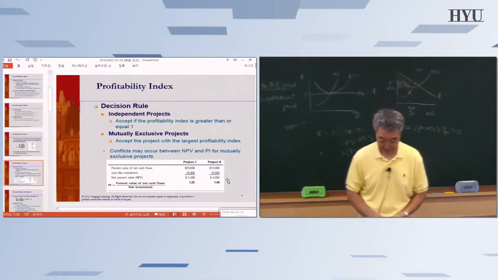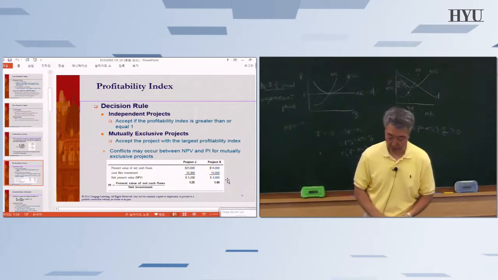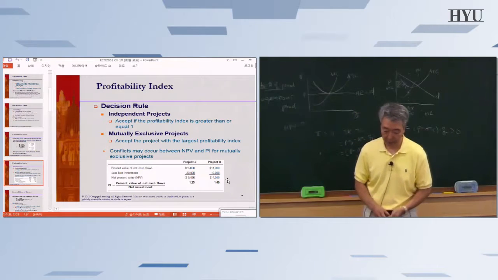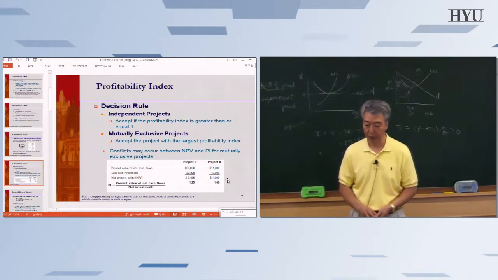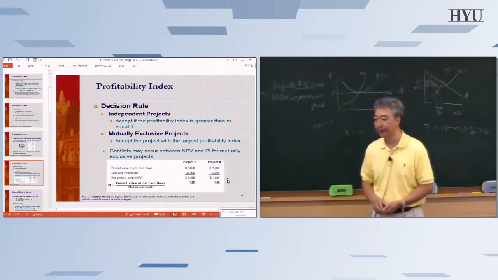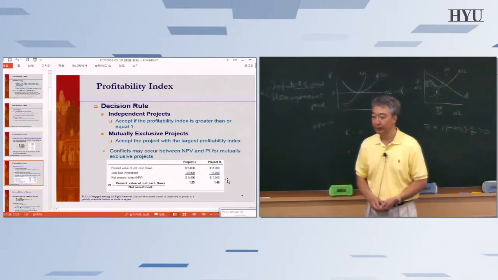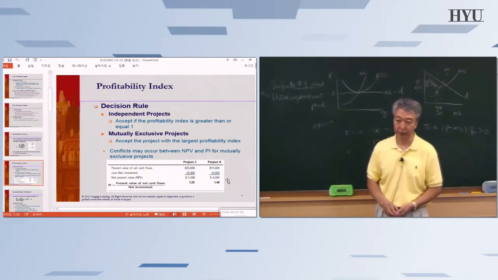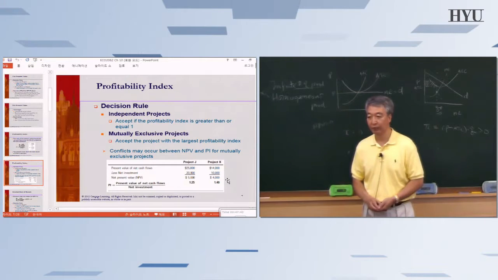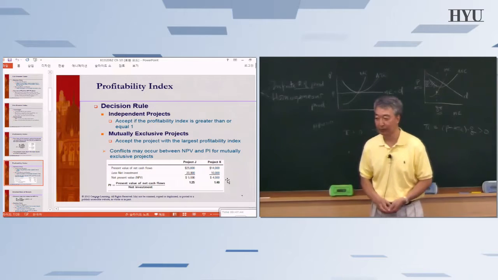Okay, yeah. So ultimately, that's why we say the net present value is the best criterion. Ultimately, our goal is maximizing shareholder wealth. And one of the most important tasks of the financial manager is to come up with the funds.